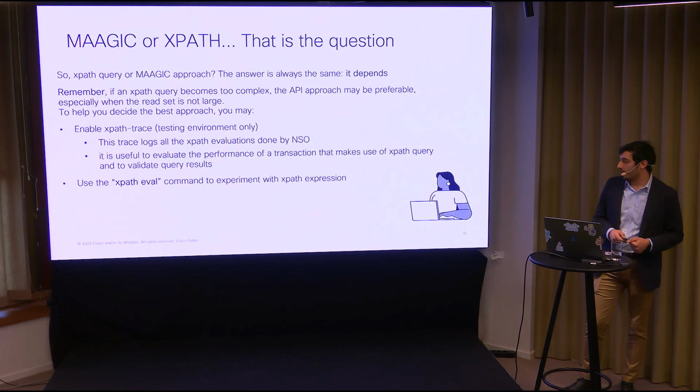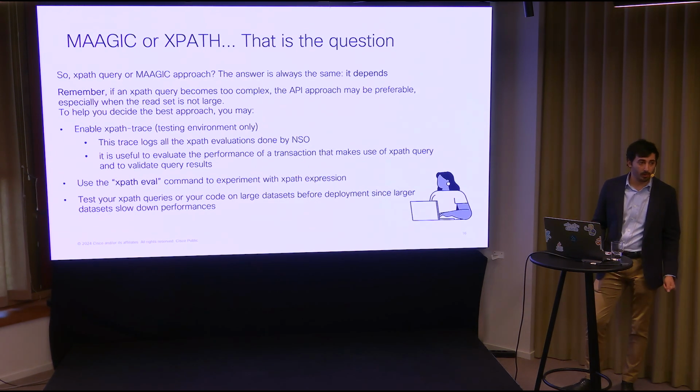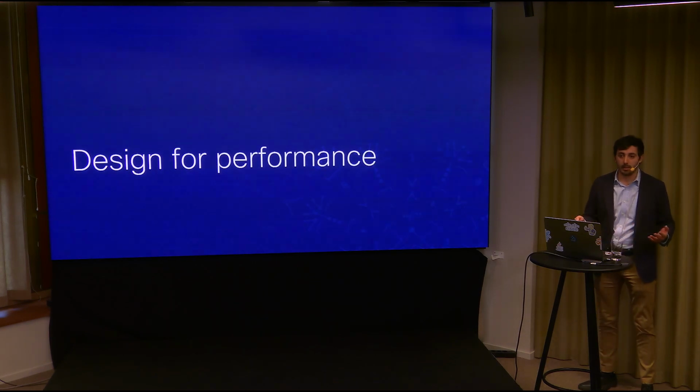Then you can use the xpath eval command to experiment with your xpath expression. And most important, remember to test your xpath queries and your code on a large dataset before deployment, because a larger dataset may slow down performance. This is very important. Now we can jump to the L3VPN package, and let's see what was going on in that package.